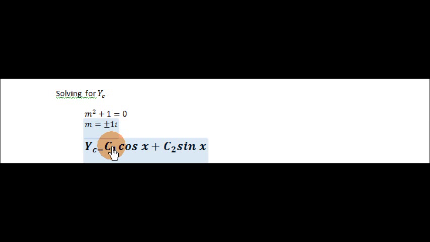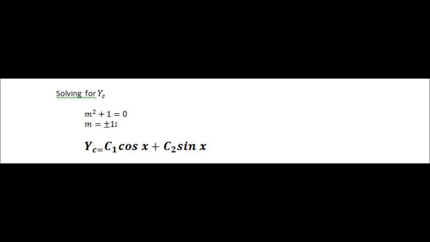So our yc now is equal to c1 cosine of x plus c2 sine of x. Note here that our alpha is equal to 0, so e to the 0 is 1. So our beta is 1, so we have 1 here and 1 here. So we have now the yc.